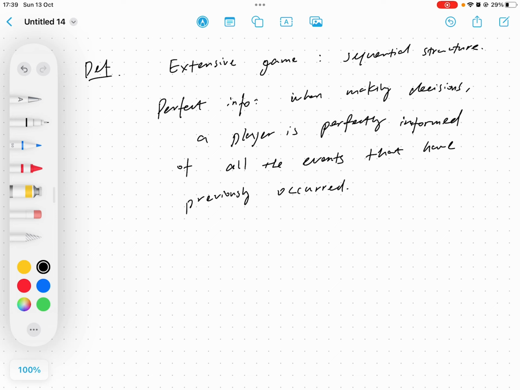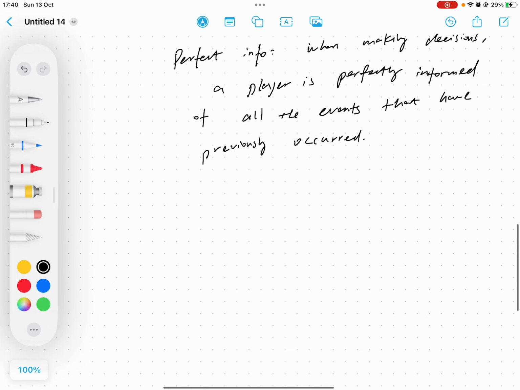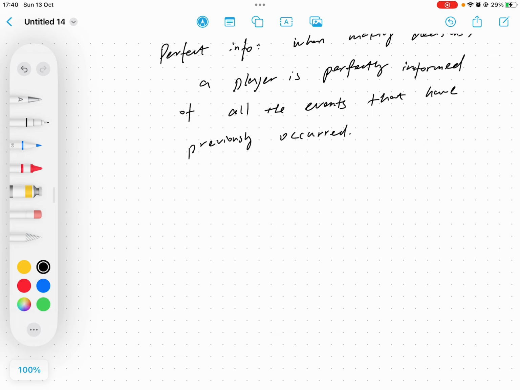But if some player knows the realization of some state, then that player has private information, and that move leads to an information set for the other player, who then has imperfect information, right? So just be careful of the definition of perfect information. That's a brief definition of the extensive game and perfect information.